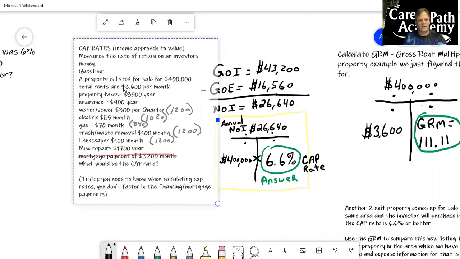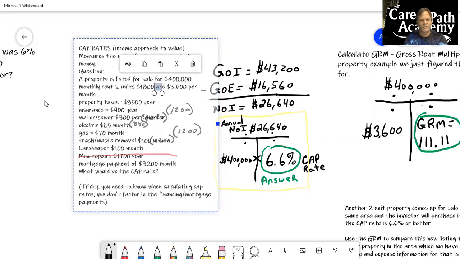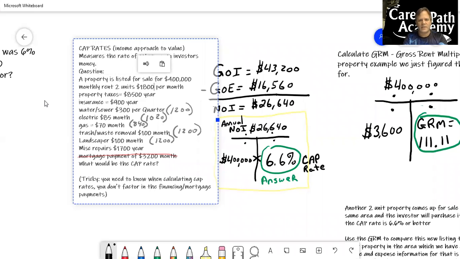So I'm going to modify this question a little bit to say the monthly rent: two units at $1,800 a month. That comes out to the same thing anyway, 3,600, right?